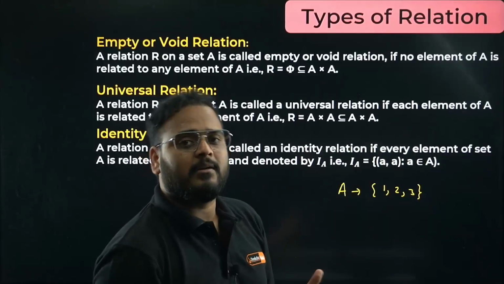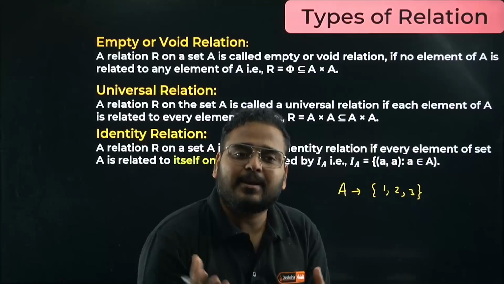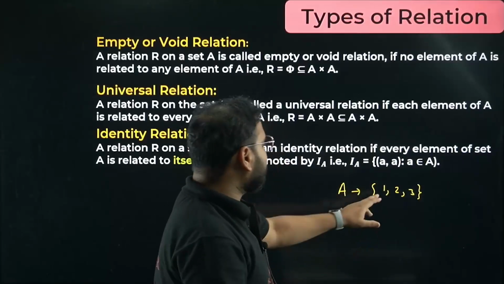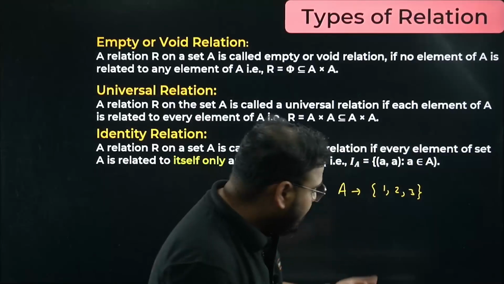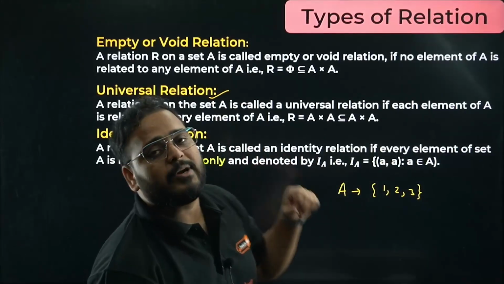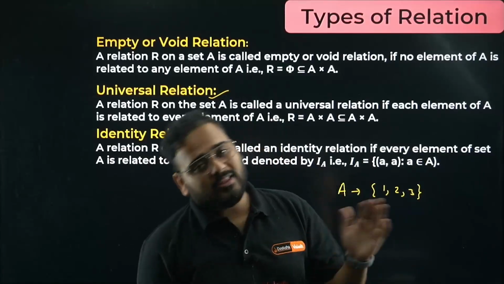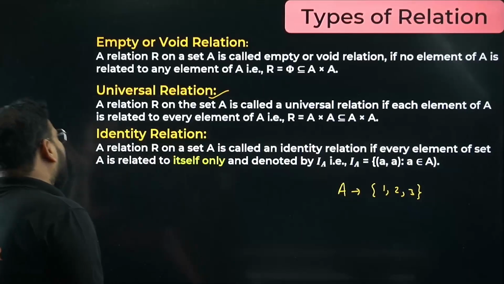Somehow we can define that. Let's say the set of natural numbers, the relation R can be the set of natural numbers. Then 1 with 1 is also correct, 1 with 2 is also correct, 1 with 3 is also correct, sir. Yes or no? Yes. It means whenever each and every element of the set is related to all the other elements of the set, it will become a universal relation. Okay, next, sir, we have the identity relation.